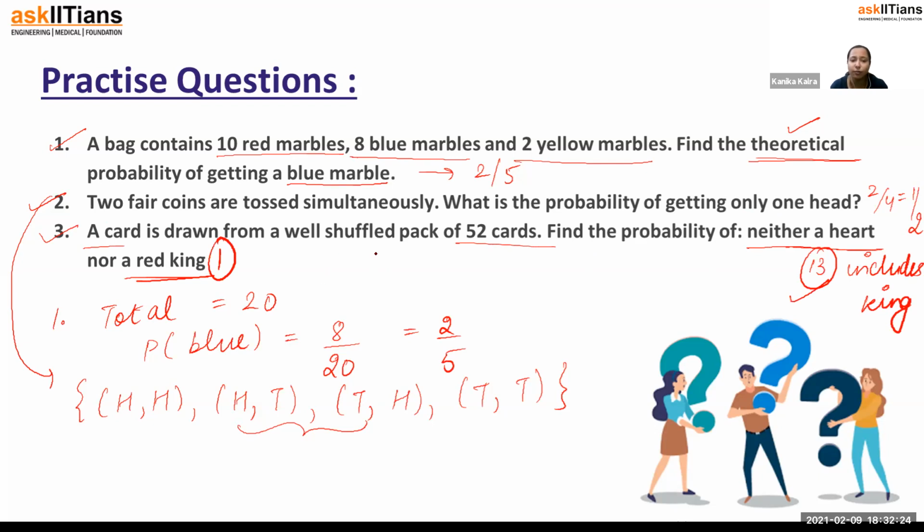So now you have a total of 14 cards. We have to find out neither a heart nor a red king. So 52 minus 14. So that would be equal to 38 over 52. So this would be 19 over 26.